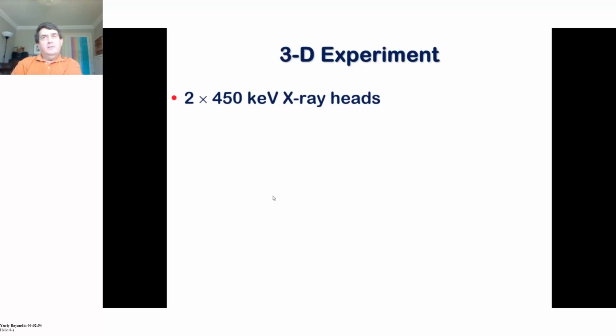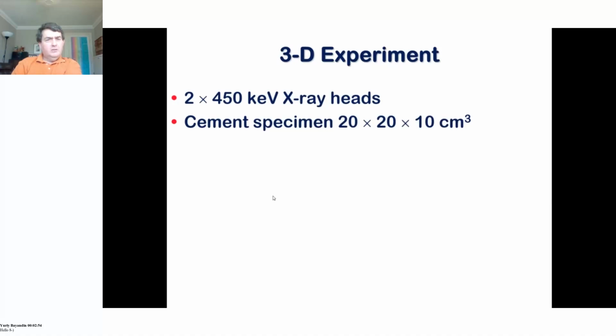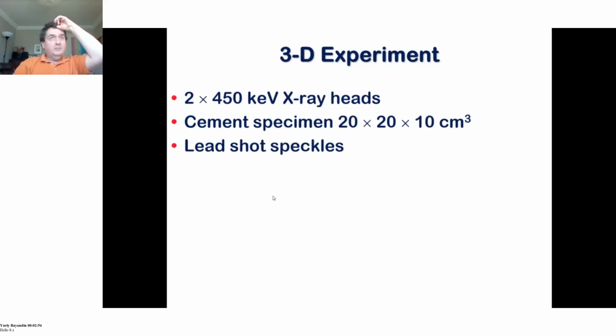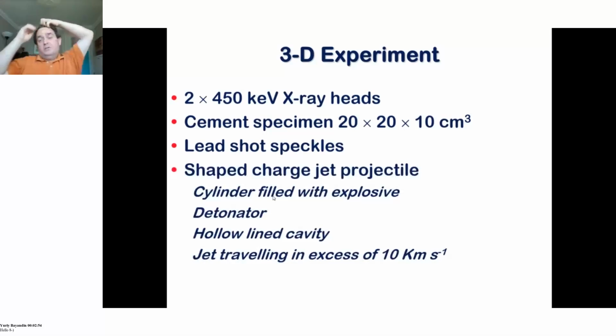These are the kind of things you find on ballistic ranges. We had a cement specimen. Again, not the hugest one in the world, but fairly large. And lead shot as the speckles, lead shot being what you find in a shotgun cartridge. So small spheres of lead and a shaped charge jet, which shot into the target.